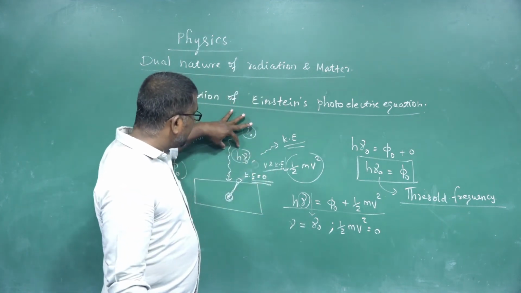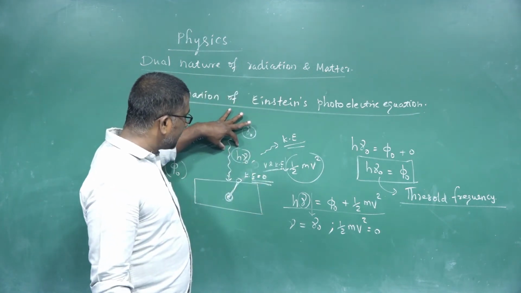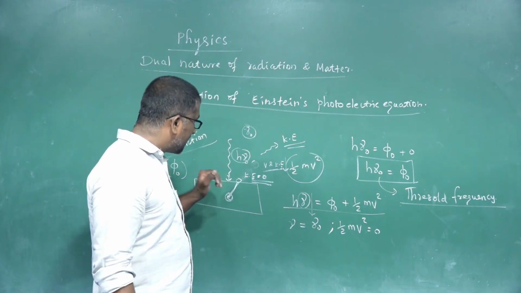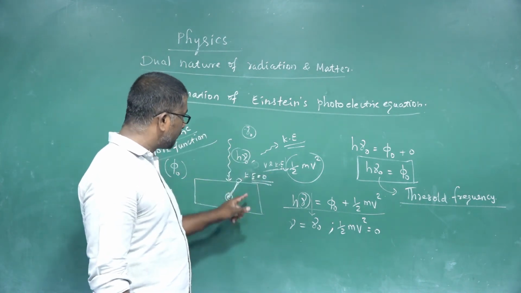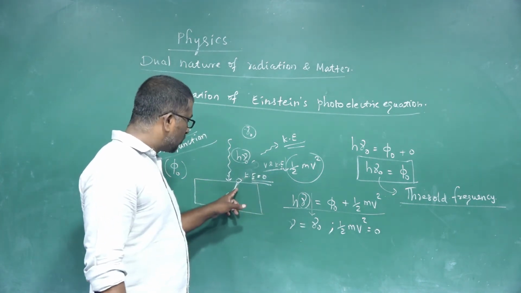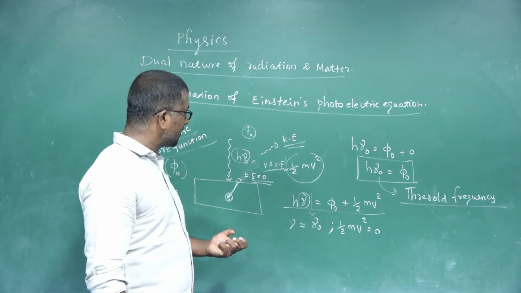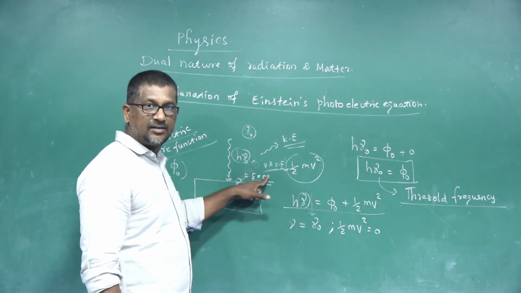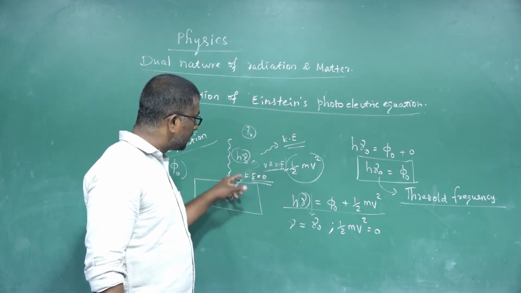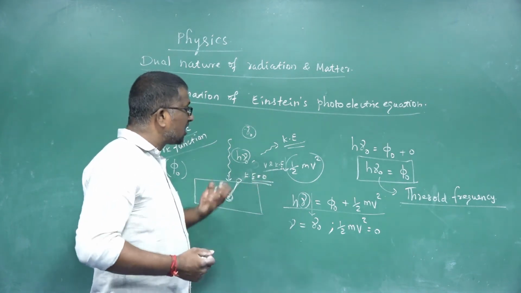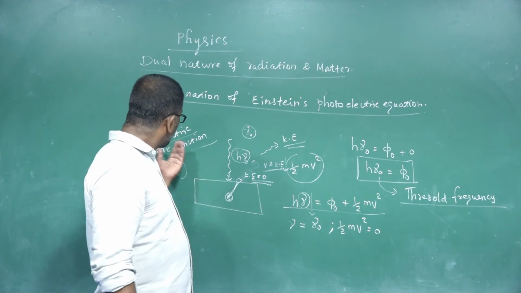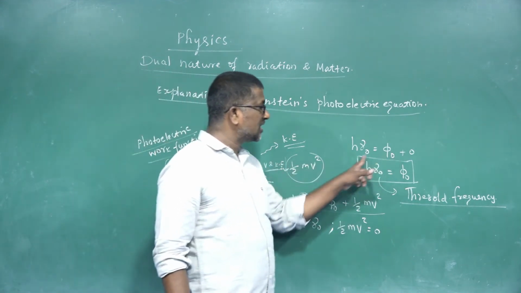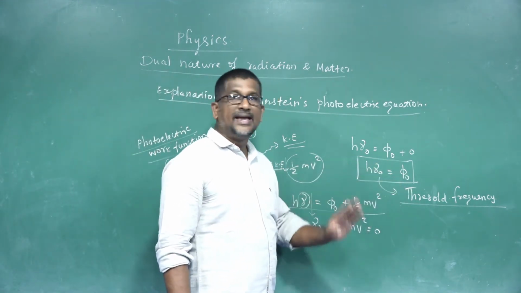If the frequency of the incident radiation on the metal surface is equal to the threshold frequency of the photometal, the photoelectron comes out from the metal surface but with zero kinetic energy. By using that condition, we can calculate the photoelectric work function of the metal by the relation phi naught is equal to h nu naught.